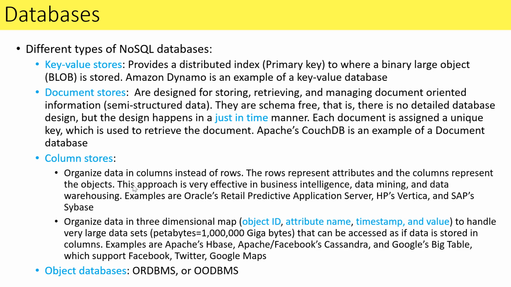For example, one row of data has your first name, last name, and student ID. In columnar databases, we have data stored in columns instead of rows.